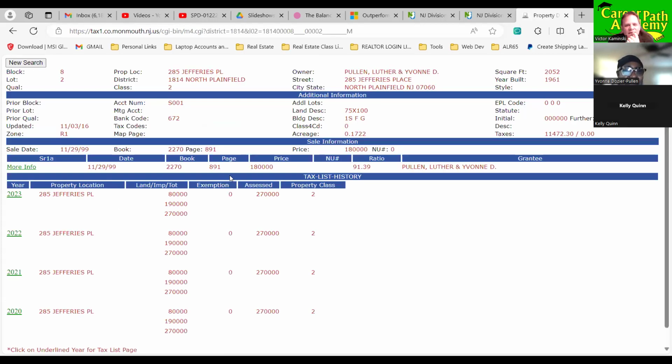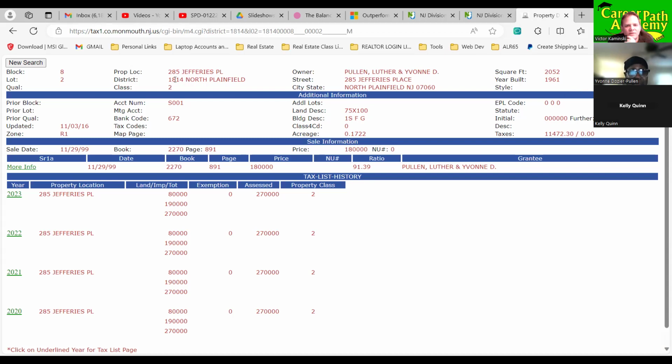Luther, click on that, and we can find out that you bought the property in 1999. You paid $180,000 for the house. Your property taxes are $11,472. Your lot size is 75 by 100. The house was built in 1961, approximately 2,052 square feet.